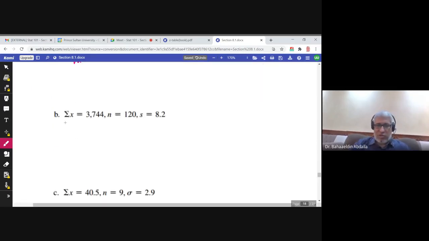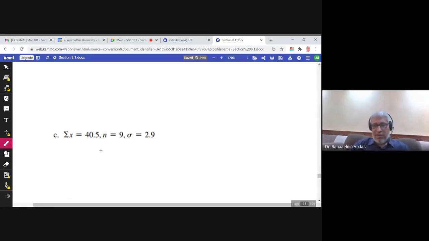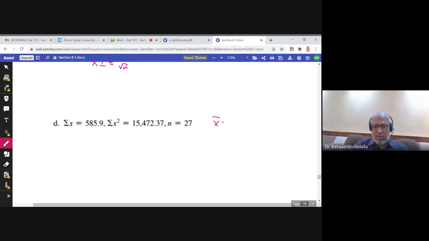Similar question. Here, sigma is given, so I'm using x bar plus or minus z times sigma over square root of n, and I find x bar by 40.5 divided by 9, summation x over n. Here, I find x bar by summation x over n, and I find s by its formula from chapter 2, the computational formula: summation x square minus summation x all square over n, over n minus 1.